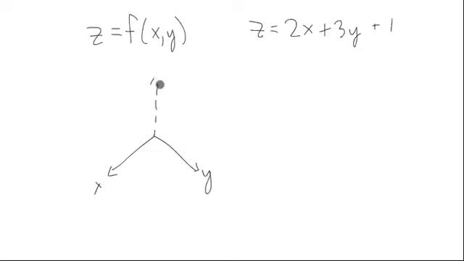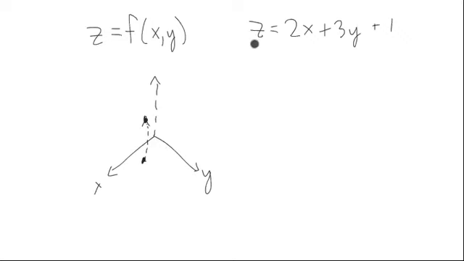In general, however this plane looks, if you take a coordinate right down here in the xy plane and plug that coordinate in here, it'll output a z value. And you go up to that z value, you could think of that as altitude. Now, with that being the case, you should be able to get a plane.